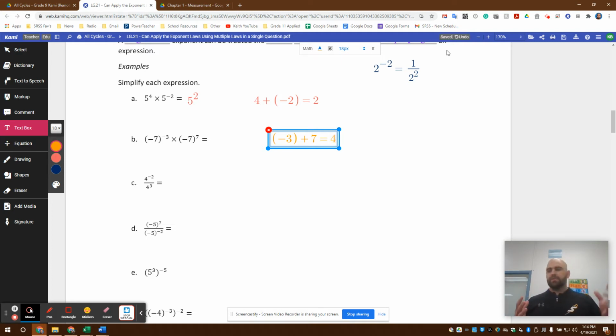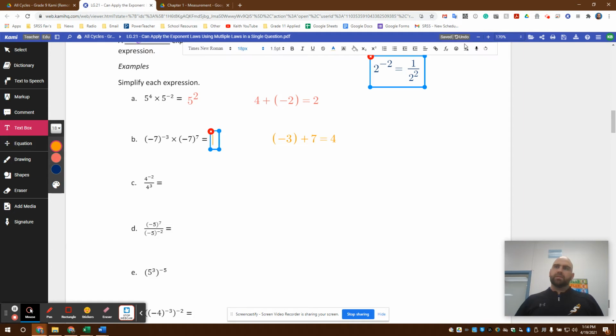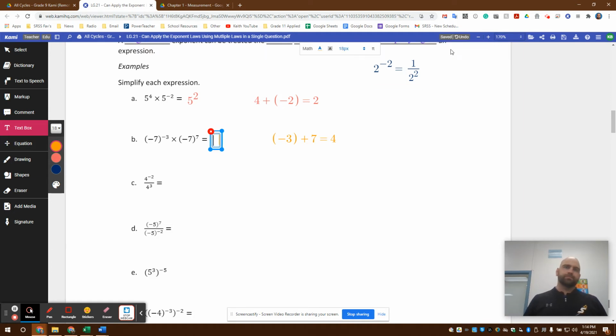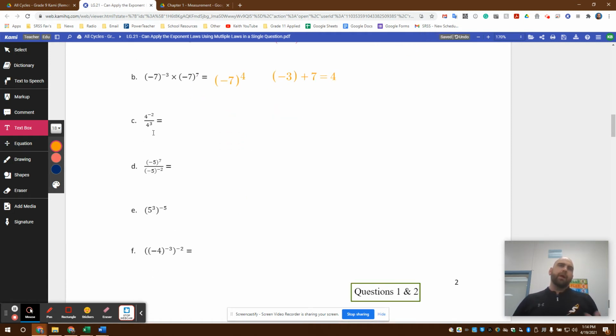Okay, 7 positives, we take 3 of them away because we have 3 negatives, and we're going to be left with positive 4. What this is going to give us as an answer is negative 7 to the power of 4.